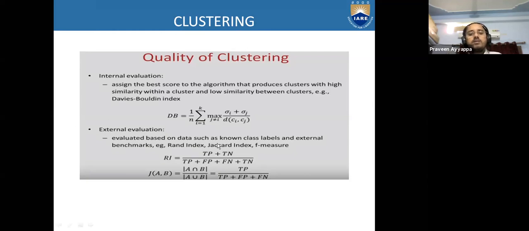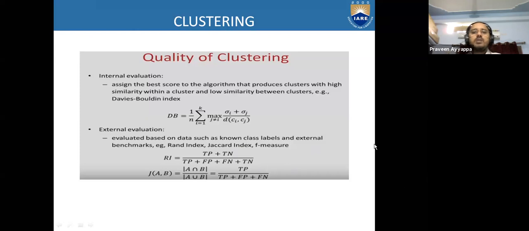The other one, external evaluation, is finding the similarity between two objects existing in two different clusters. So this is how we can calculate the quality of the clustering. The quality can be calculated either within the same cluster or between two different clusters.